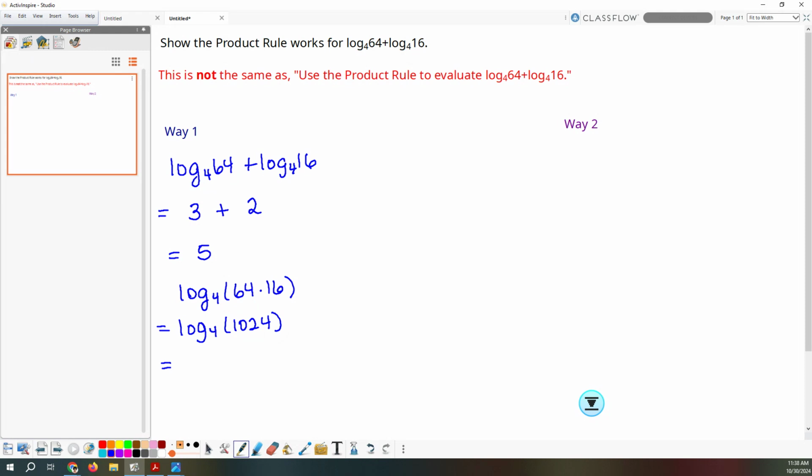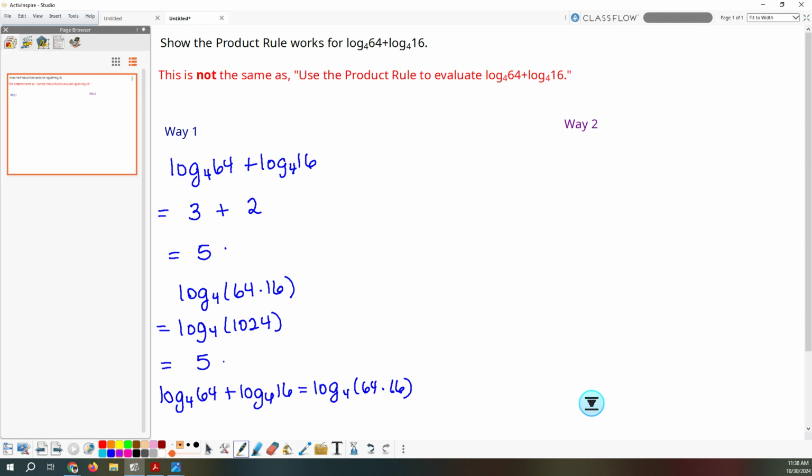So the log base 4 of 1024 equals 5. So we get 5 here and here. So since we got the same thing, it follows that the log base 4 of 64 plus the log base 4 of 16 equals the log base 4 of 64 times 16, which is what your product rule says.